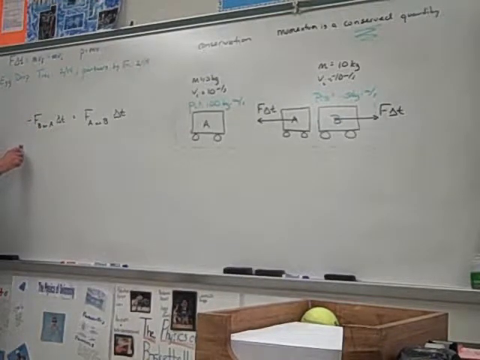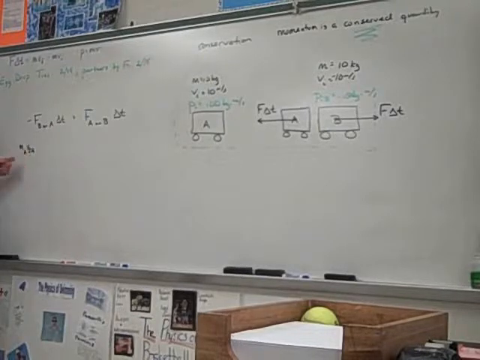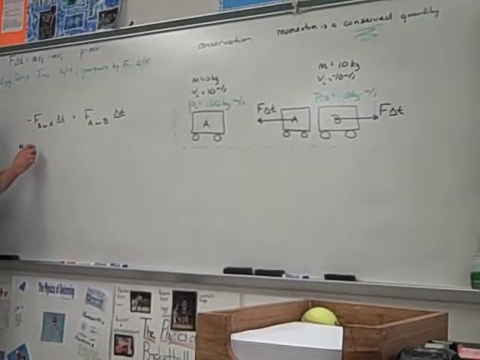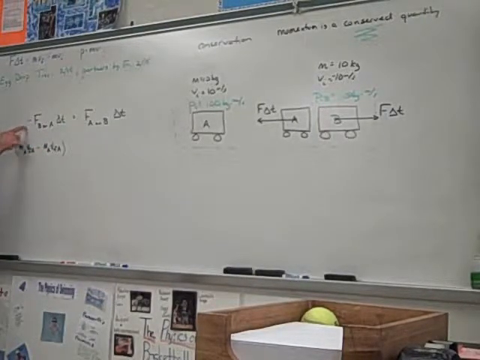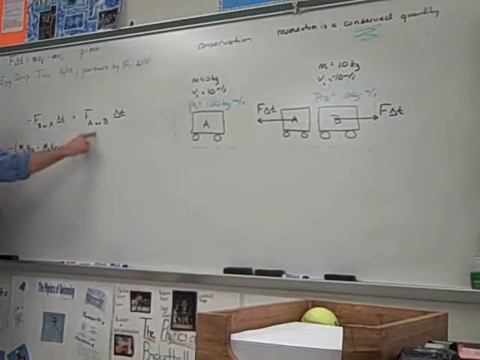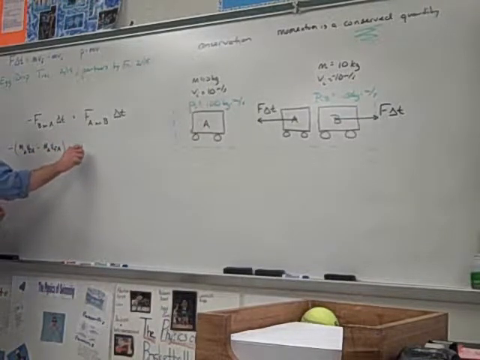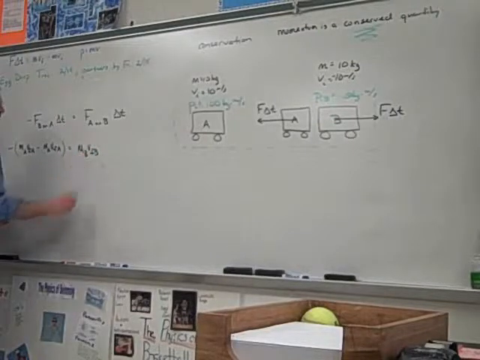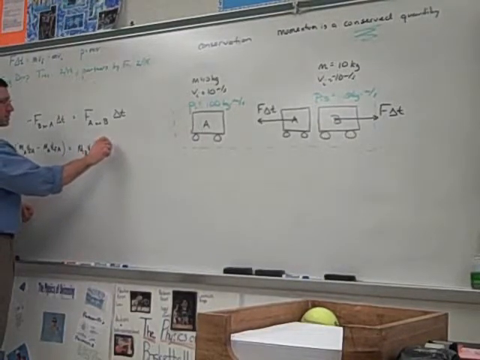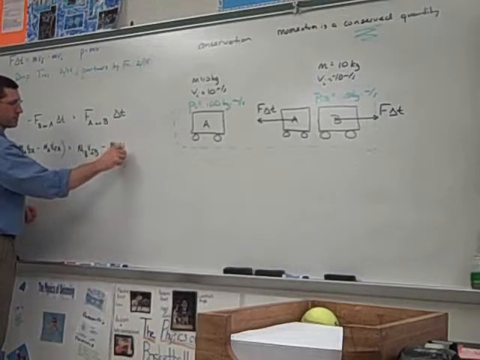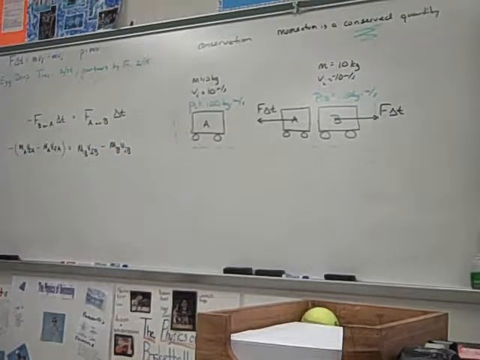So the mass of A times its final velocity, or the final momentum of A, minus initial momentum of A, and that's negative because of the negative here, equals, this is happening to B, the final momentum of B minus the initial momentum of B. Let's put this negative through, so this becomes negative and this becomes positive.